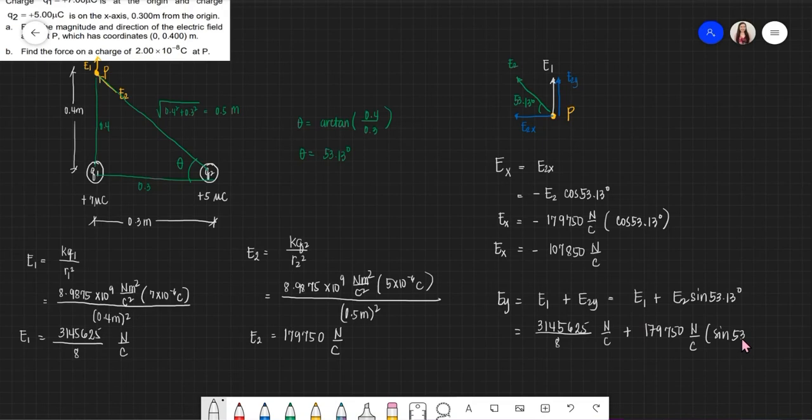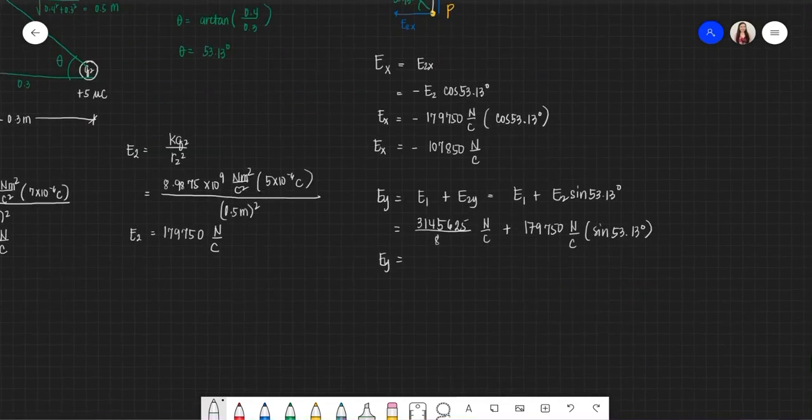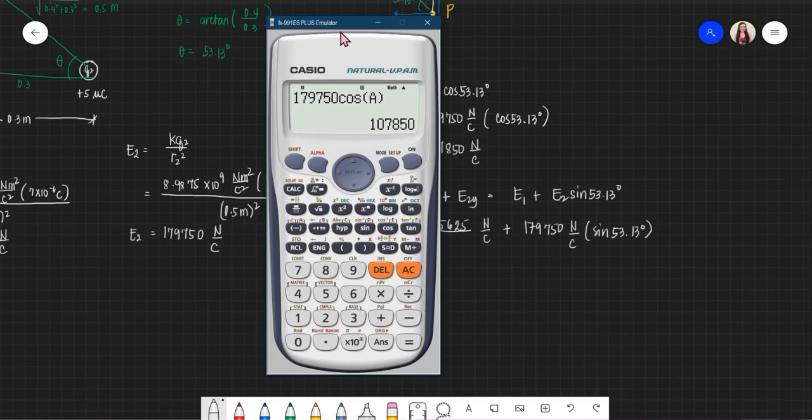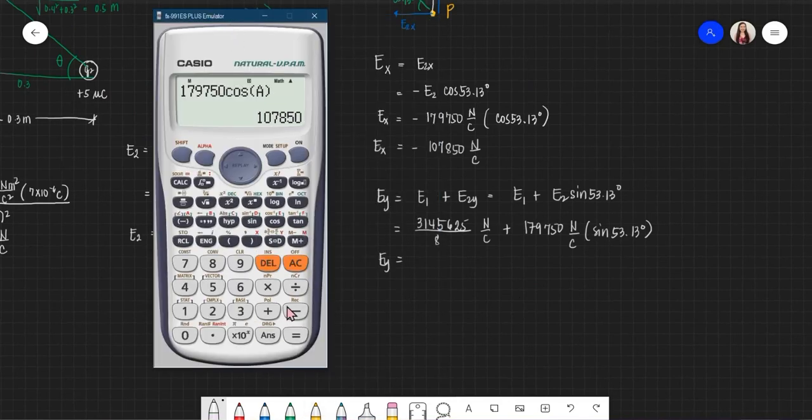So E sub y is equal to 314,625 over 8 plus 179,750 sine of 53.13.